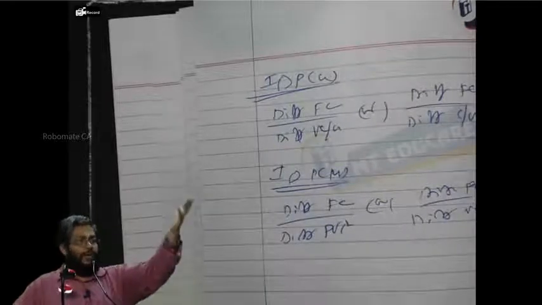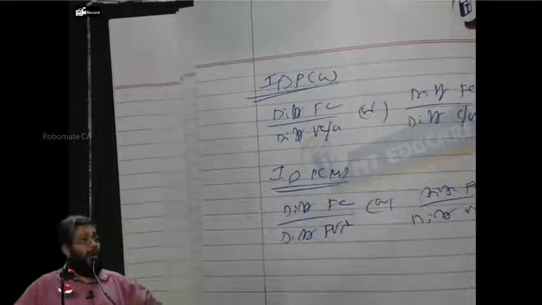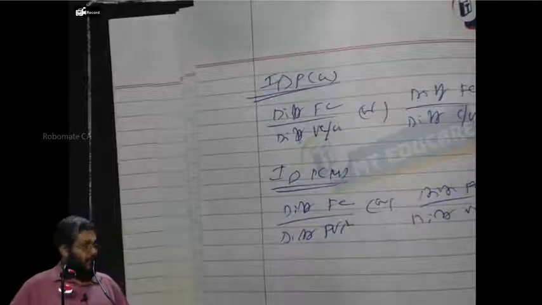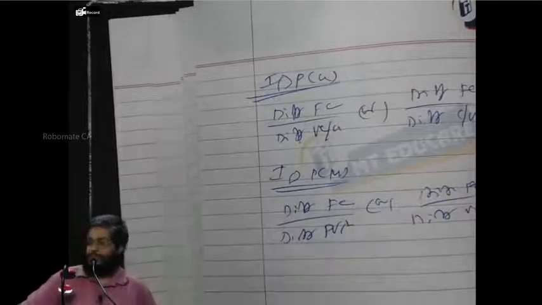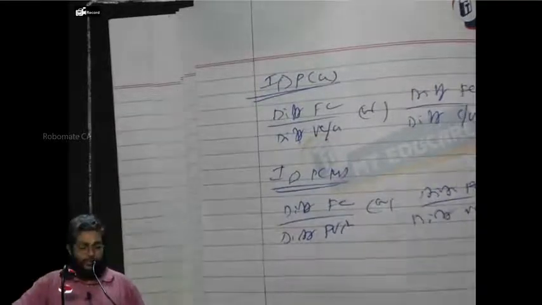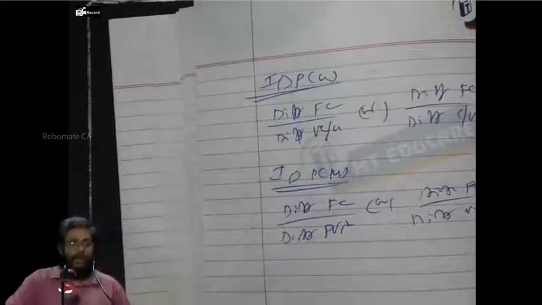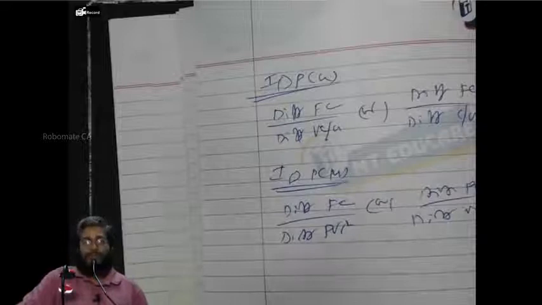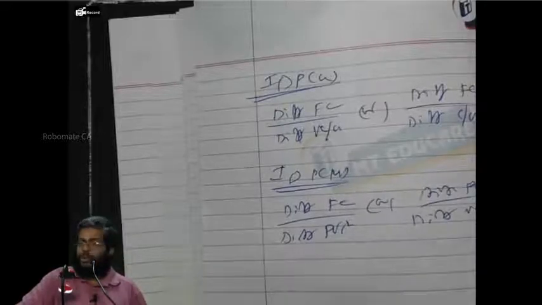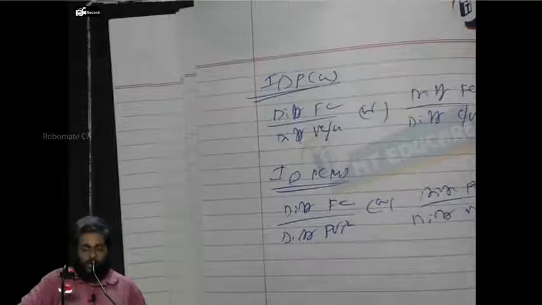When I sell more units, I am not worried about fixed cost. I am worried about what? Variable cost. It is better to go for low variable cost option, and at low volumes, low fixed cost option.